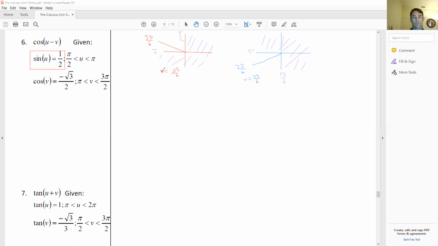So they're asking for cosine of u minus v. Well, friends, what they're really asking for is the cosine of 5 pi over 6 minus 7 pi over 6.